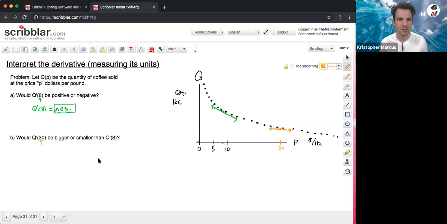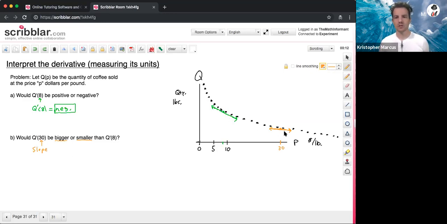It's a question about slope. So the question is, does the slope of the orange line we just made look like it would be bigger or smaller than the slope of the green line? The slope of the green line was negative.